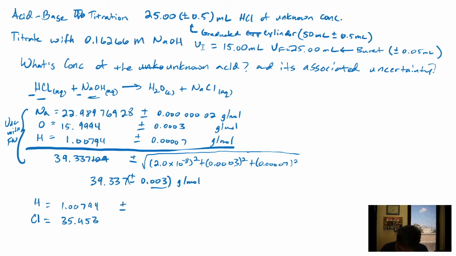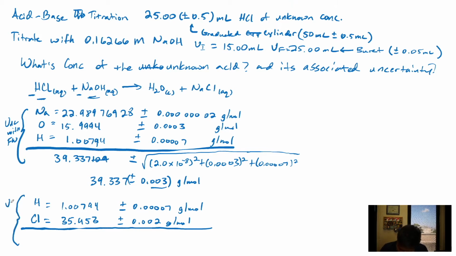For hydrogen, it was 0.00007 grams per mole. And then for chlorine, I've already forgotten. Let me look back. Yes, there it is. It's 0.002 grams per mole. Right? So, same calculation again. Easy arithmetic. Just so that everybody's clear, this is the uncertainty for the formula weight.